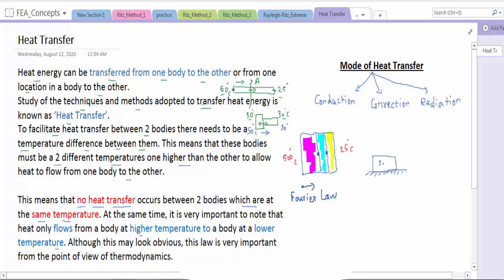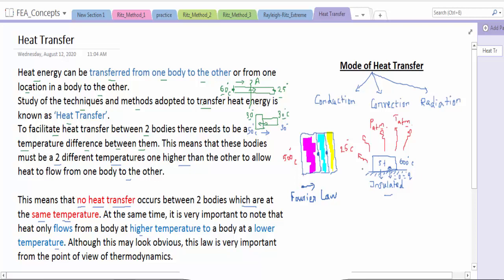In the convection example, if a steel bar is heated up to 600 degrees Celsius and the bottom face is completely insulated, there is no heat transfer, Q equal to 0, then this heat will be emitted to the atmosphere. This is called convection.